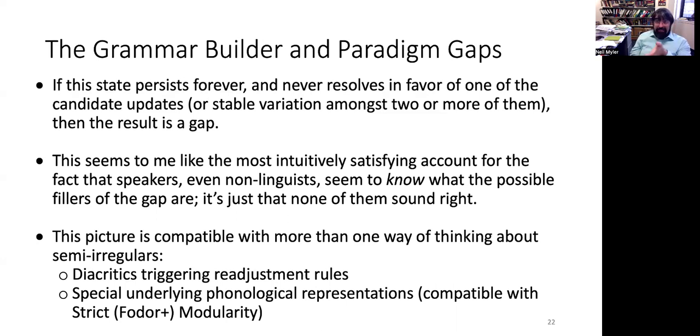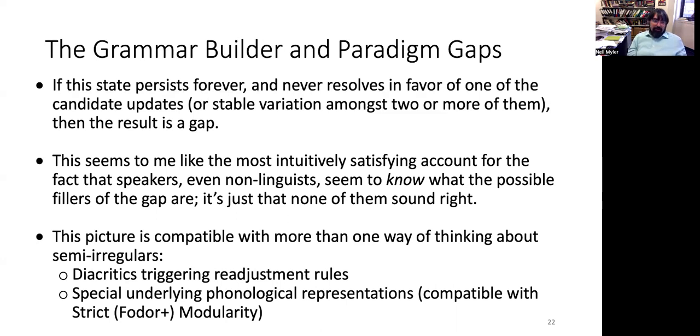Rules of that sort are illegal under strict modularity, but you can still have an account of paradigm gaps under this sort of scheme, because rules of exponence are what insert phonological underlying forms. And so if you've been unable to assign a correct phonological underlying form because there are different candidate ones that you're entertaining, then those are candidate rules in the same sense in the system, right?